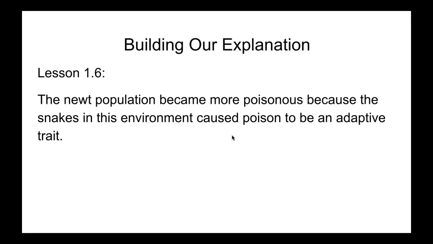Therefore, newts that had poison were the ones that survived more than newts that did not have poison. So an adaptive trait is a trait that you have that makes you more likely to survive. So the newt population became more poisonous because the snakes in this environment caused that trait to be an adaptive trait. It caused that trait of poison to make the newts more likely to survive if they had that trait.